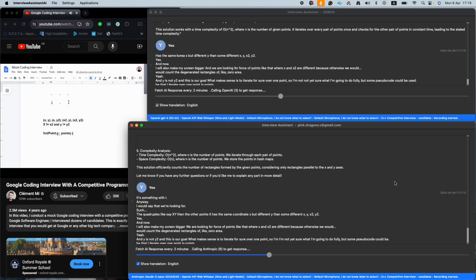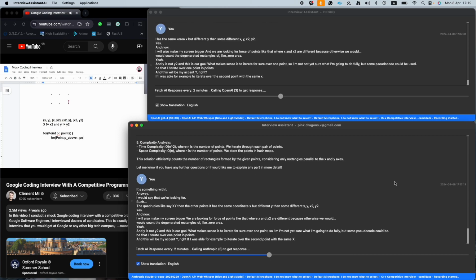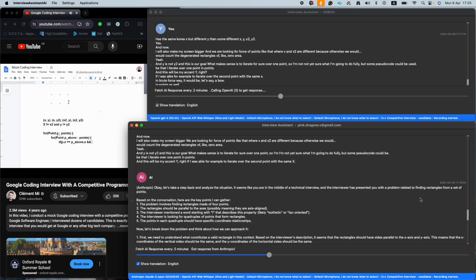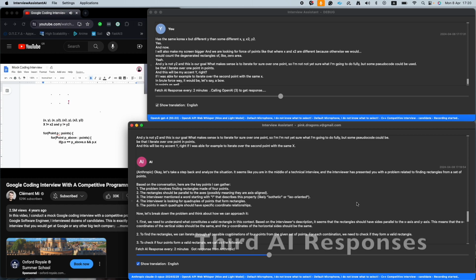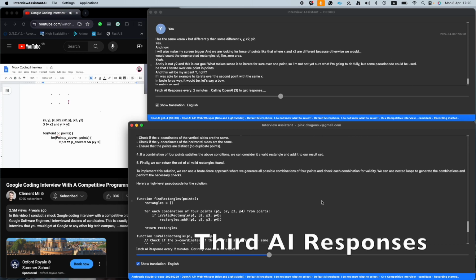If I was able, for example, to iterate over the second point with the same x, in a brute force way, it would be p_above in points as well. If p.x is equal to p_above.x, and not to overcount, let's make p_above indeed above, so its y coordinate will be bigger.